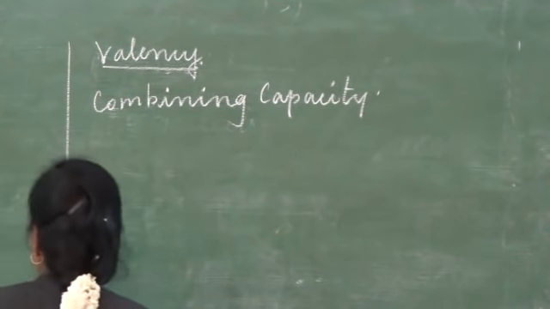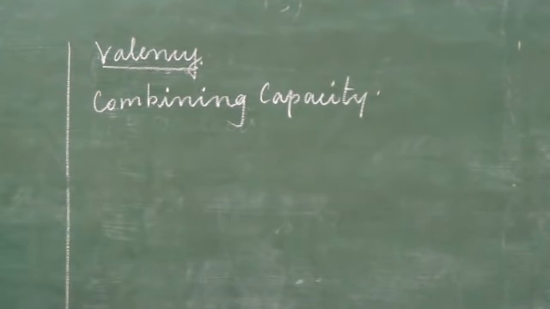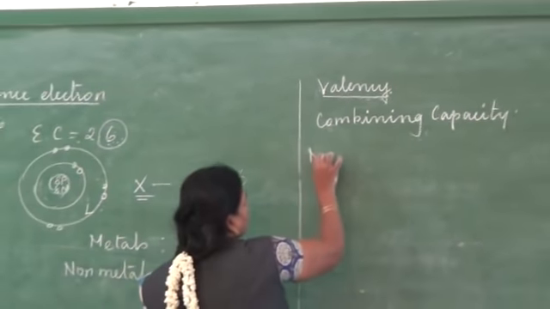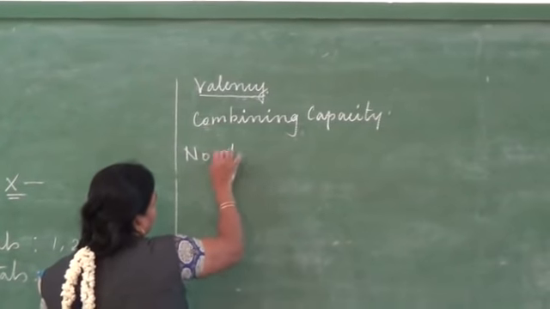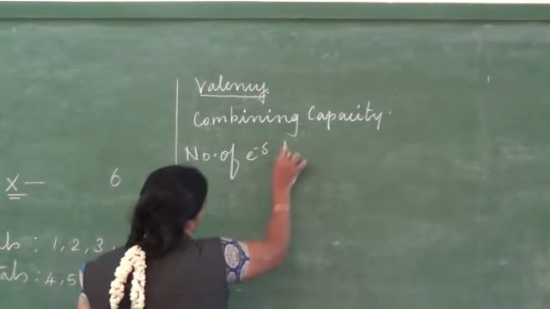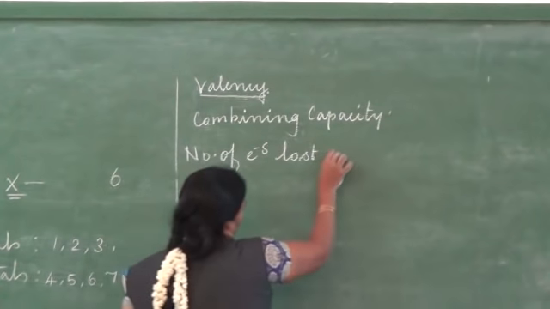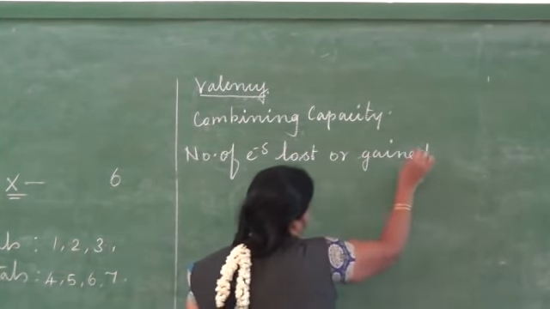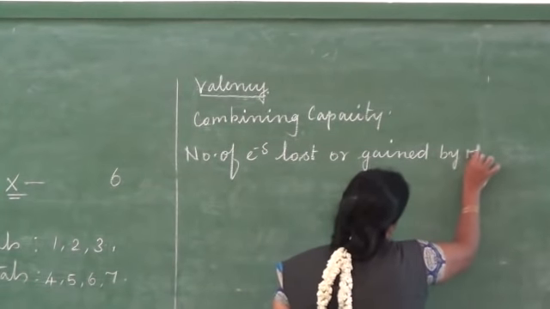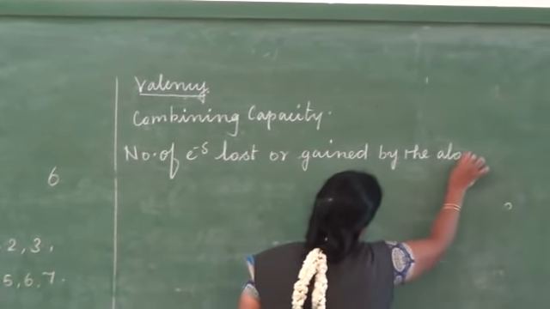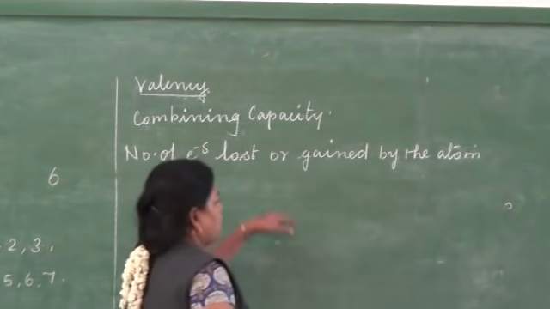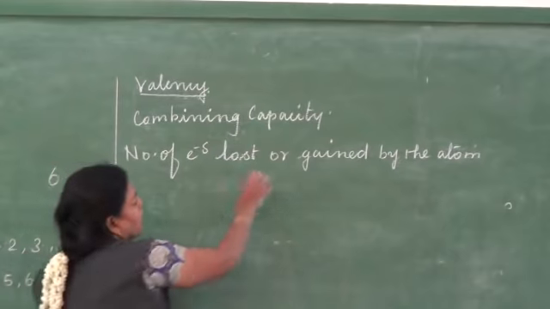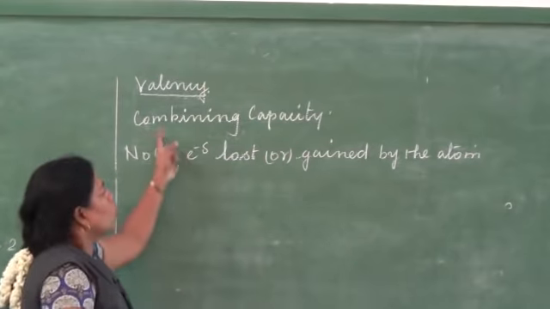And how many electrons are lost or gained by the atom, that is also valency. So combining capacity, and the number of electrons lost or gained by the atom, that is valency.